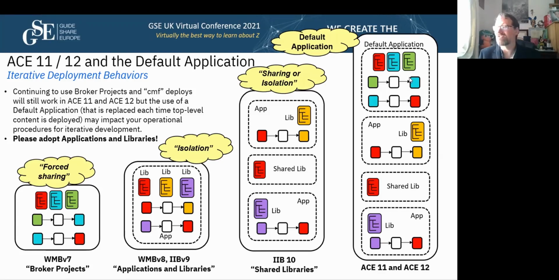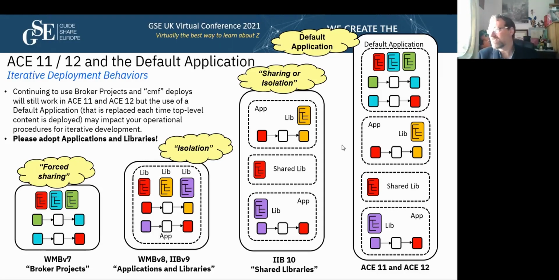The default application just sort of sits there. It doesn't get updated as frequently as the apps and libraries, so you can have side effects during operations. You can stop and start things, and you could have side effects because a change hasn't taken effect.